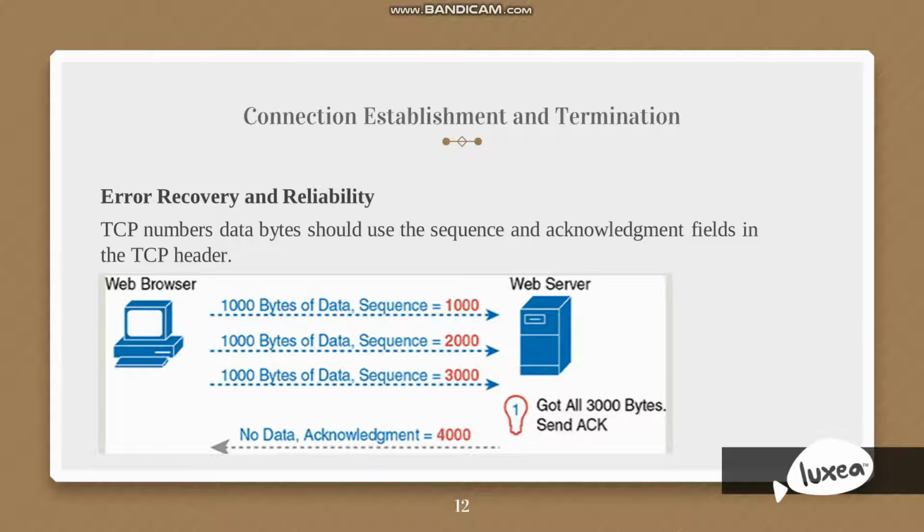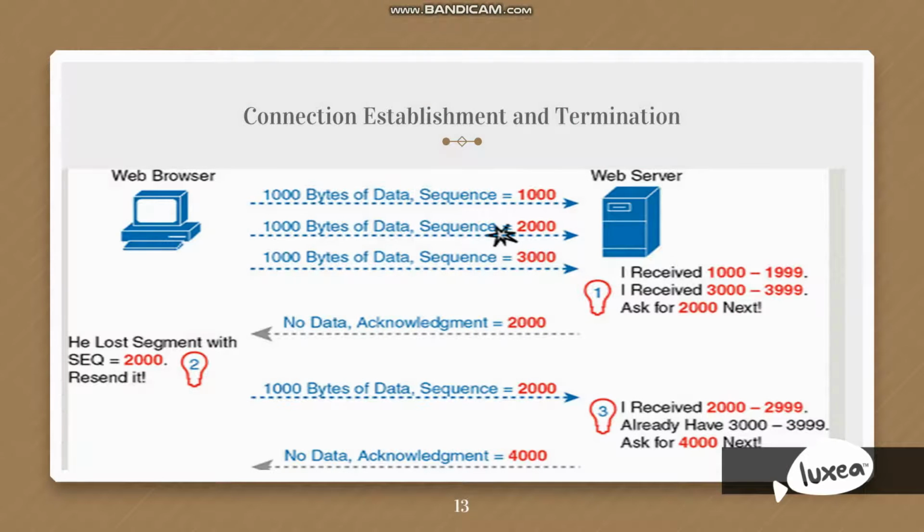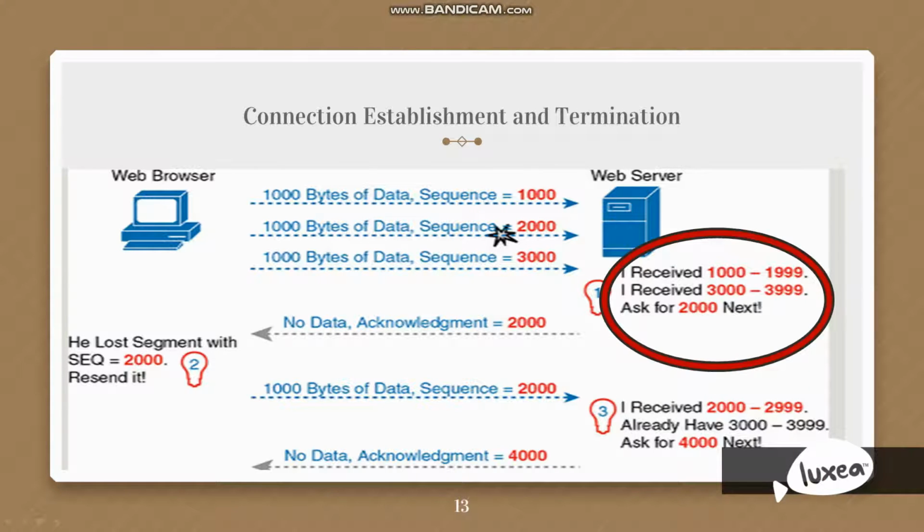However, what if we face an error? Obviously there is a spark mark here, and we can feel something is going wrong. The example looks similar, so let's find out. Check the server side. It says it received 1000 and 3000, but where is 2000 to 2999?